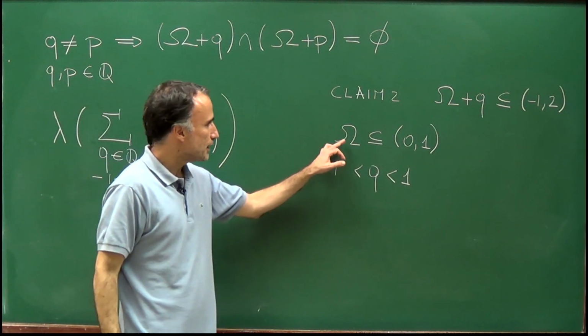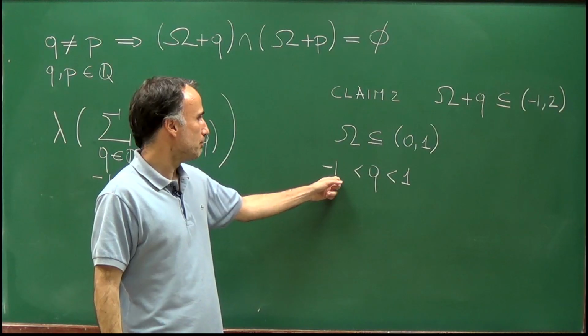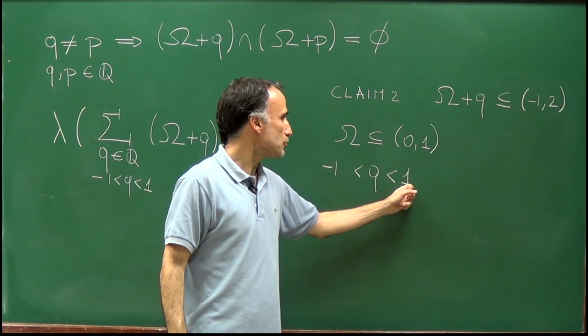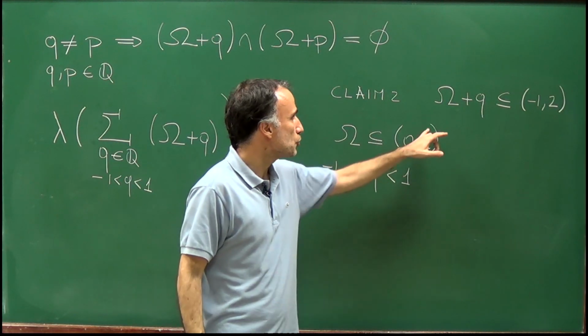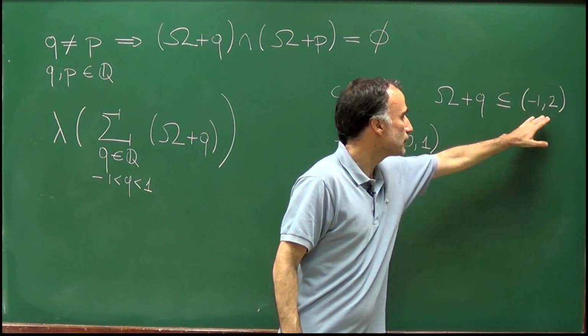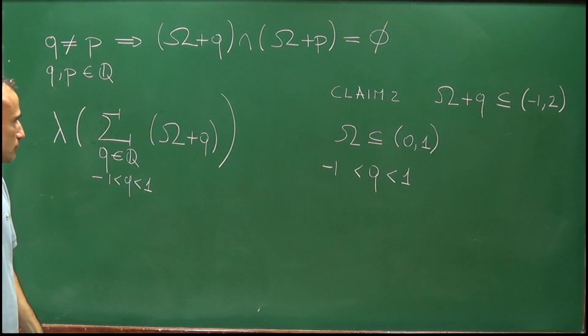Therefore, if I translate omega by q, in the worst case I'm bigger than -1, and in the worst case I'm also smaller than 2. So it's clear that all the sets omega plus q are contained in the interval -1, 2.